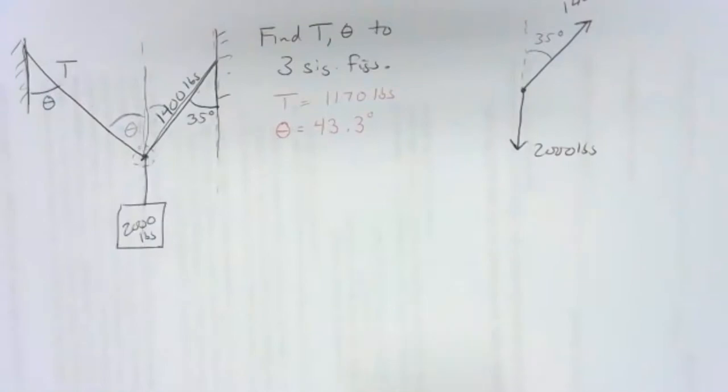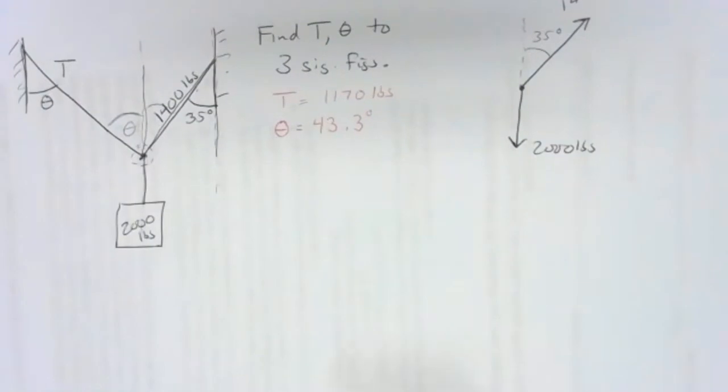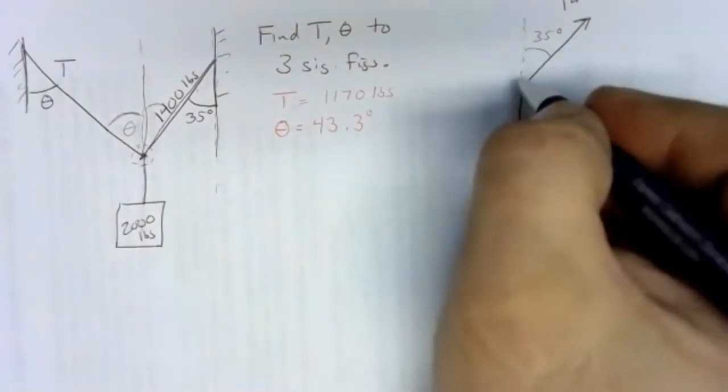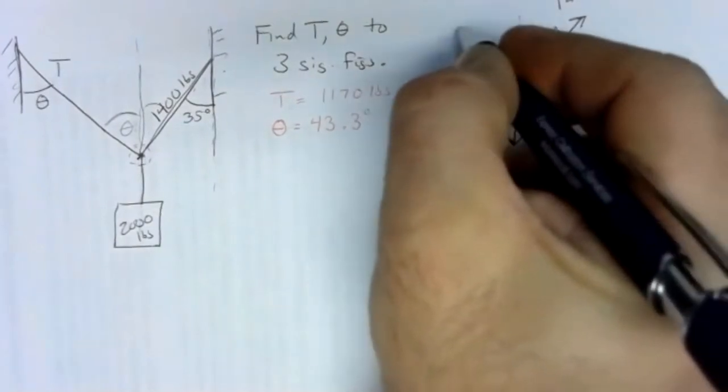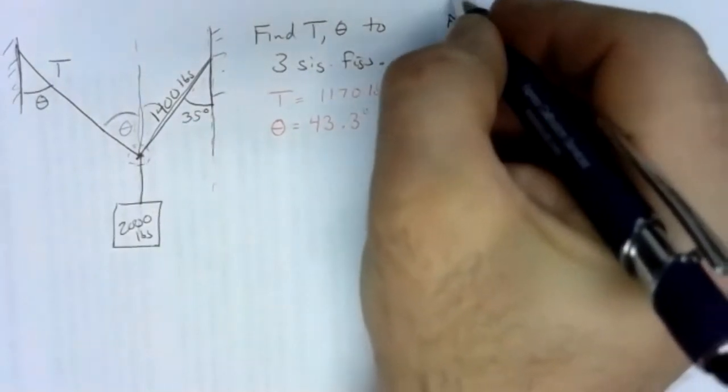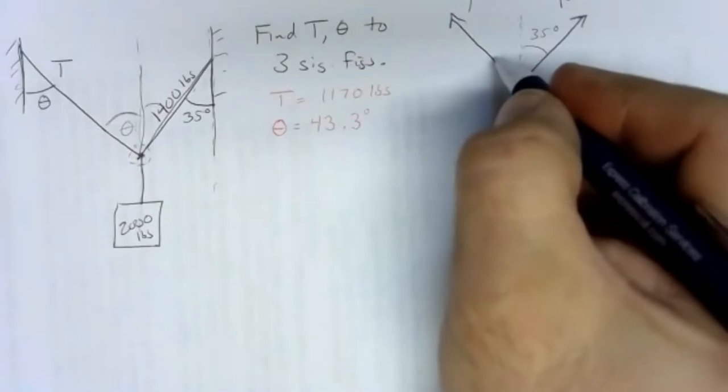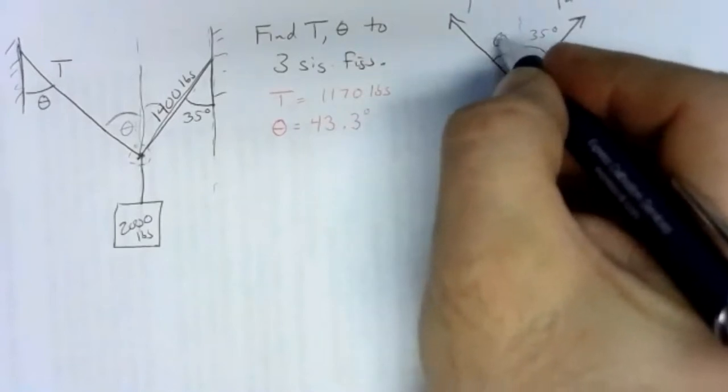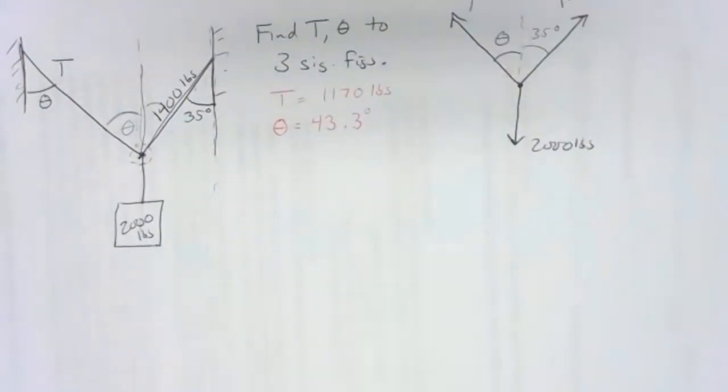That angle's also got to be theta. So when we draw it in our free body diagram, we've got our angle T and this angle theta to vertical. So none of the angles are referenced to horizontal.